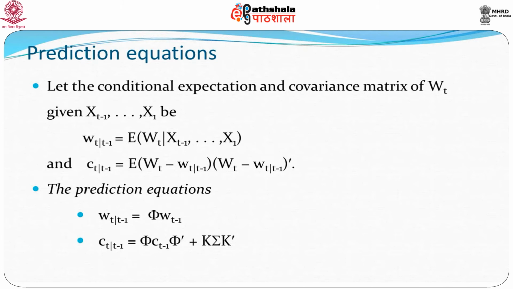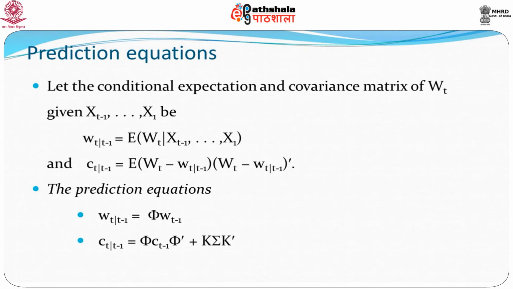So, that gives us a relation that x t minus 1 known means W t minus 1 is known. In fact, if you go now to the state equation, we will find that W t depends on phi W t minus 1 plus the error, and the error has expectation 0. Therefore, W t given the past would really be the first term, which is phi W t minus 1. So, we get the first relationship of the prediction equations.